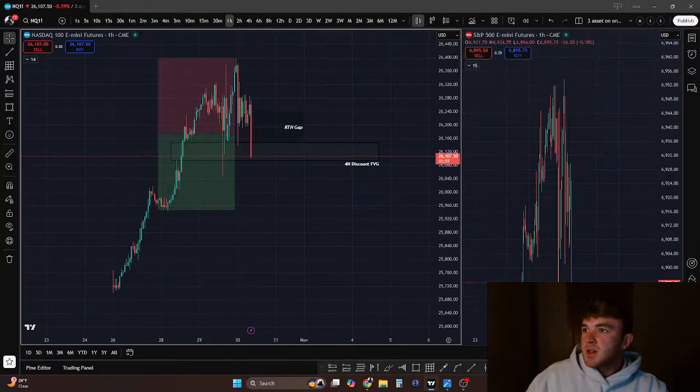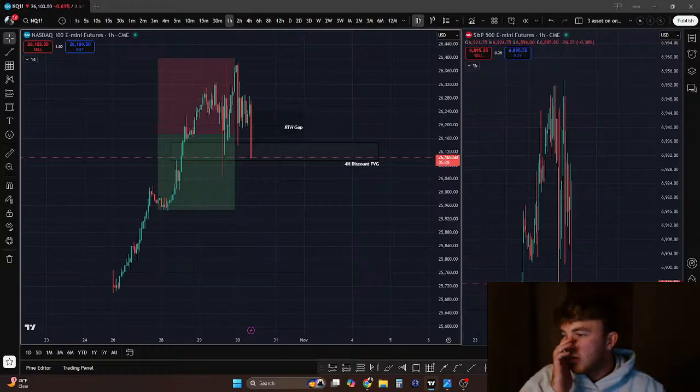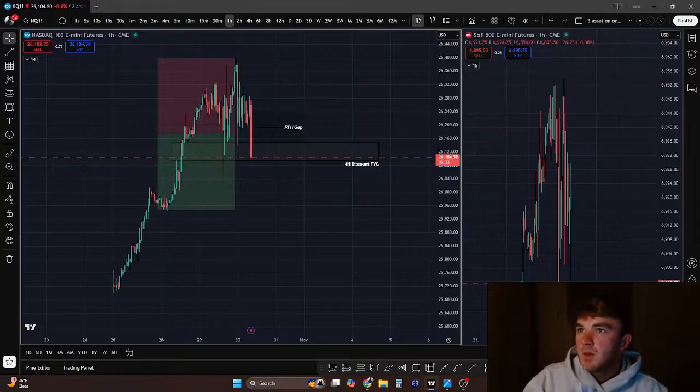I'm just taking notes right now, getting the group set up, getting the daily loss limit set up. So the daily loss limit on these accounts is going to be, what is it going to be?